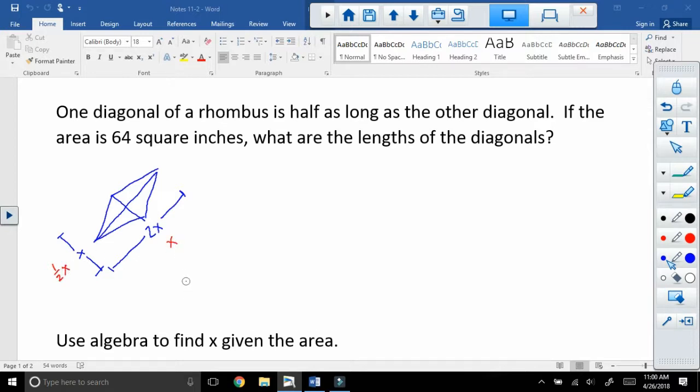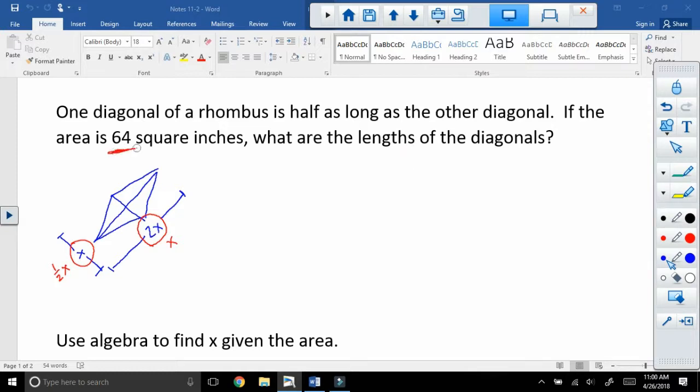Or you could say one is 6x and the other one's 3x. You just need that relationship with the one to be half of the other one. I'm going to use x and 2x because I have one diagonal half as long as the other. Then I don't have to deal with fractions and don't have to worry about it that way.